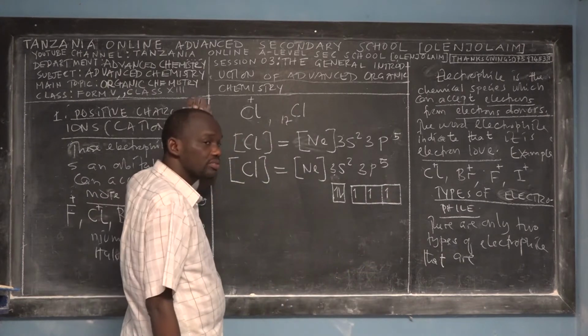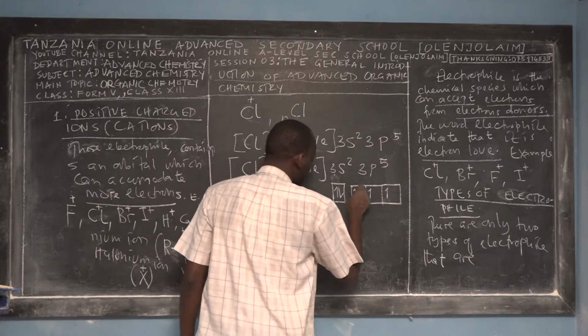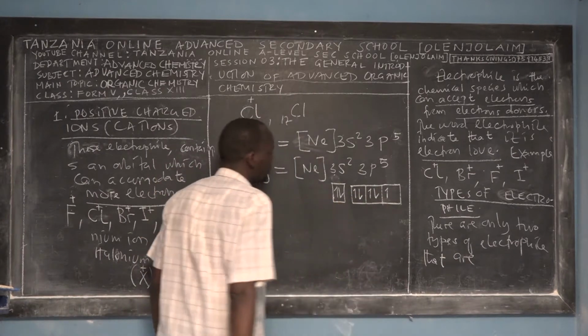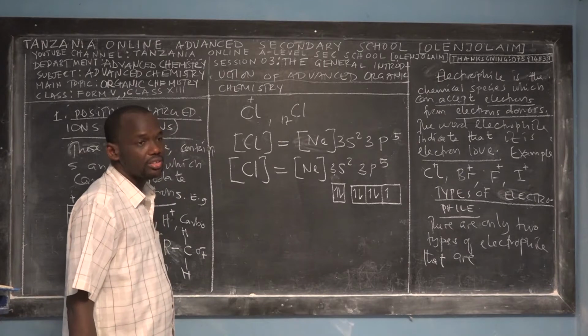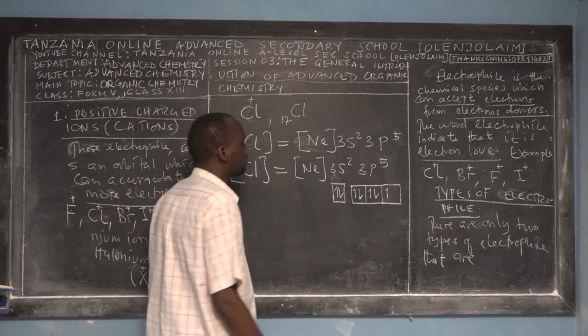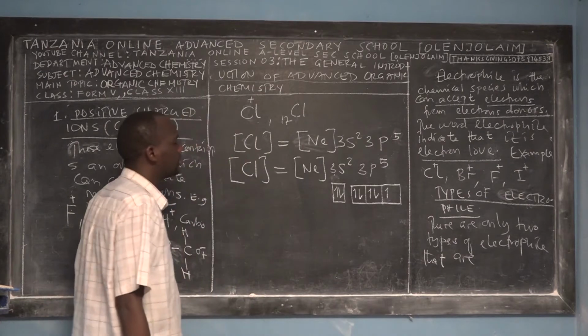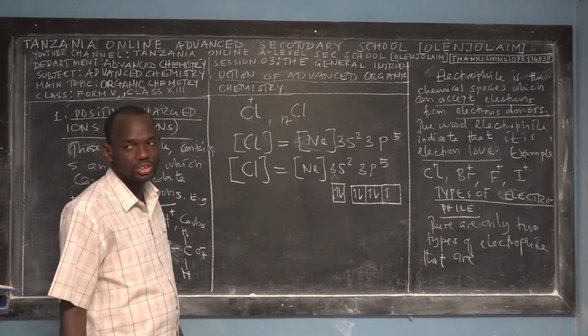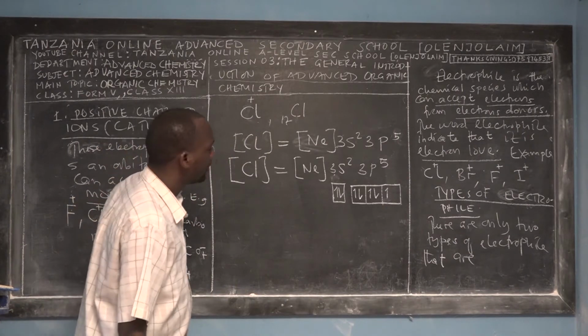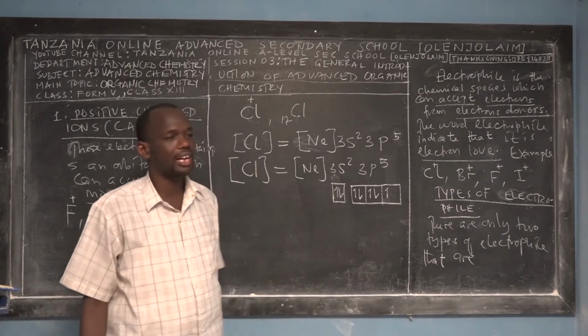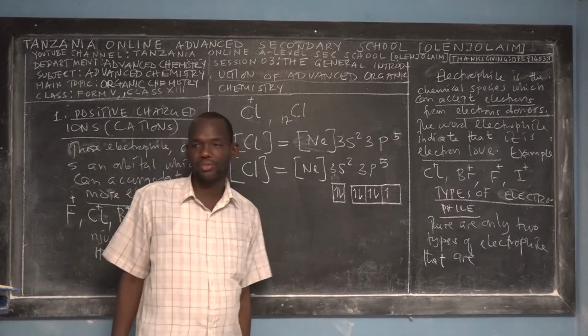How many remain? 2. So we say that chlorine needs 1 electron to reach the octet state. When it gains 1 electron, the pz orbital will be filled.